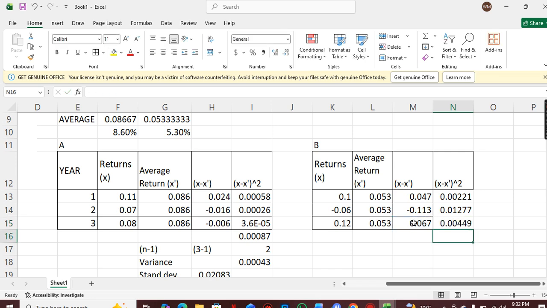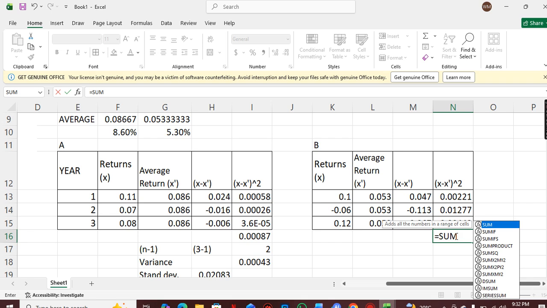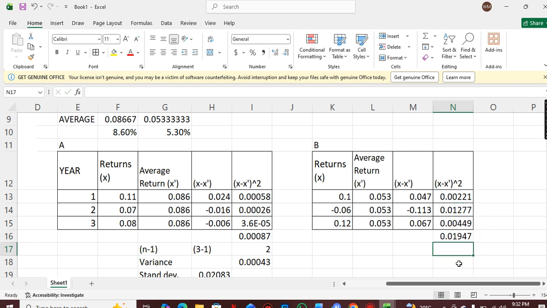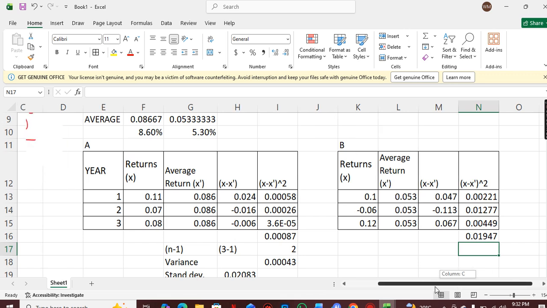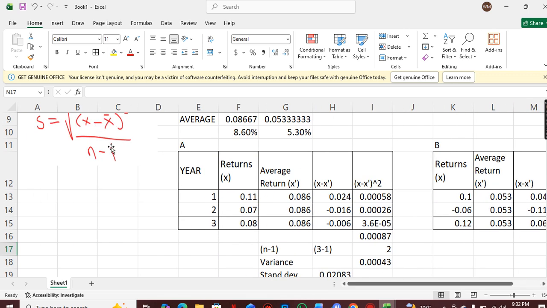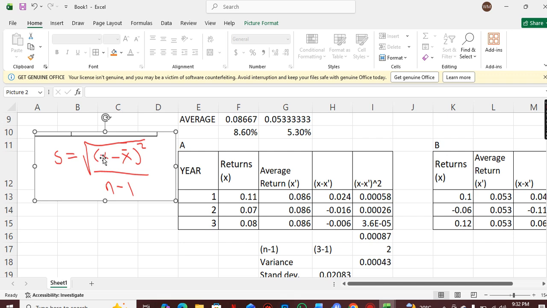You square each of the deviations, and then after you square them, add them up. You get 0.01947. This is the part we've done.